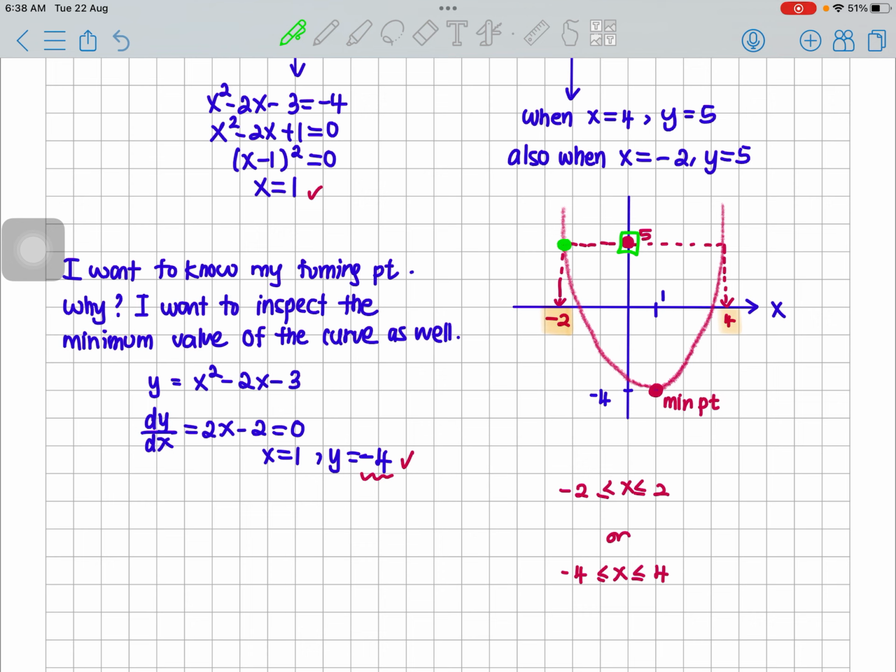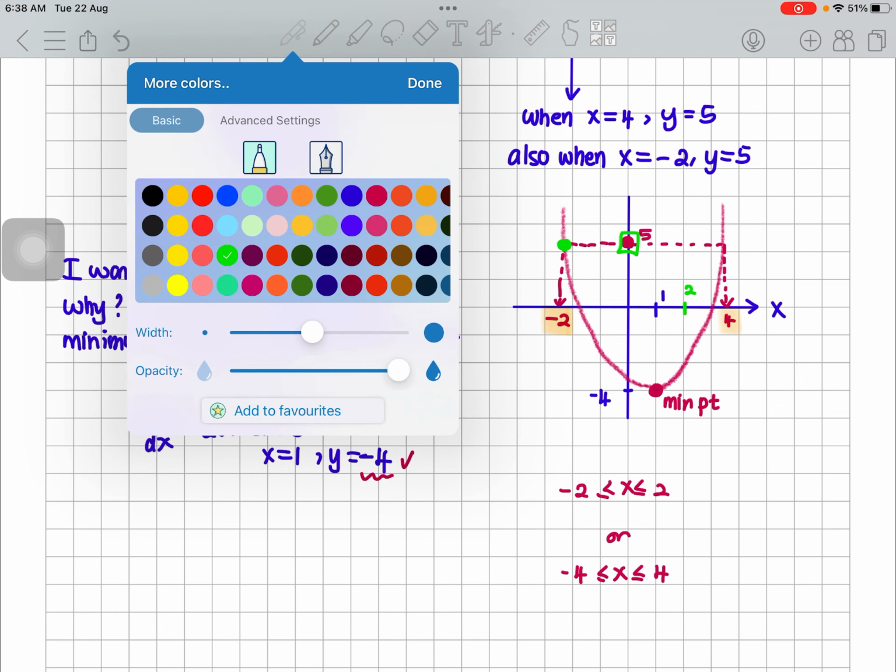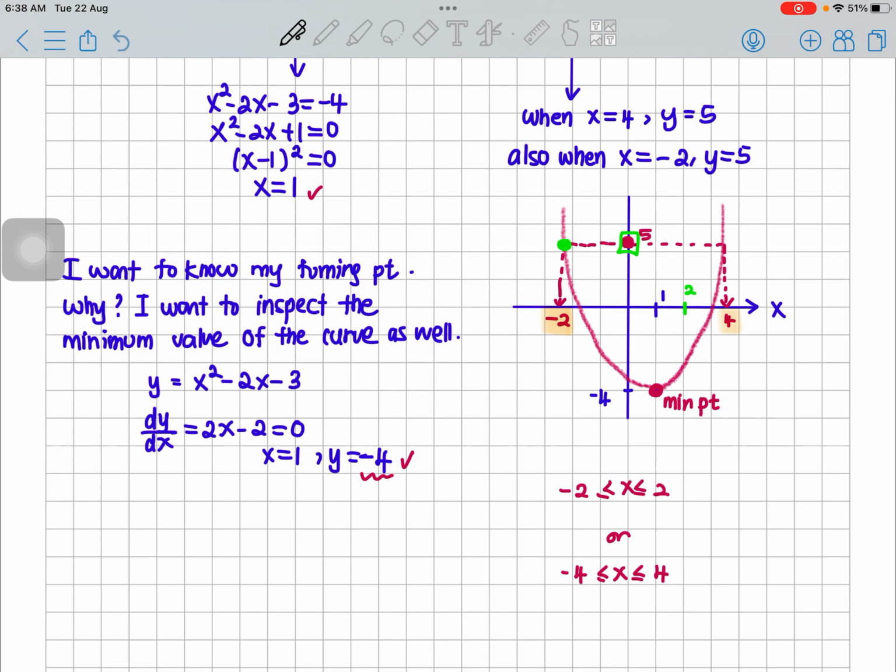And when my x is equal to 2, let's say the 2 is over here. You go and find what your y value is now. This is one extra step you have to do. You are inspecting now. If my x value is equal to 2, what is my y value? So 2 squared minus 2 minus 3 gives me minus 3.